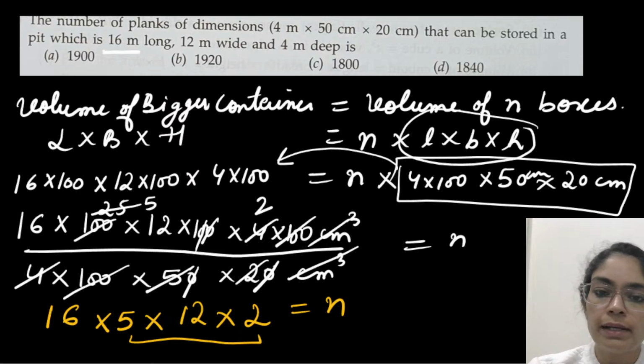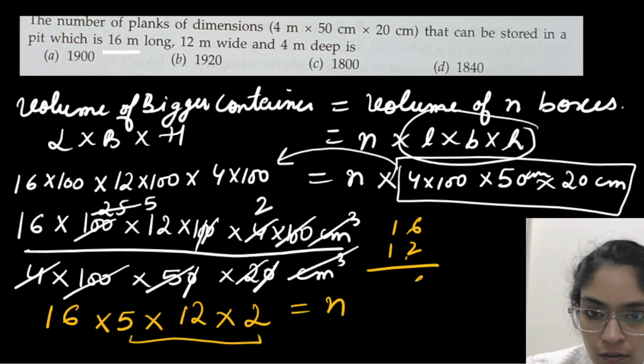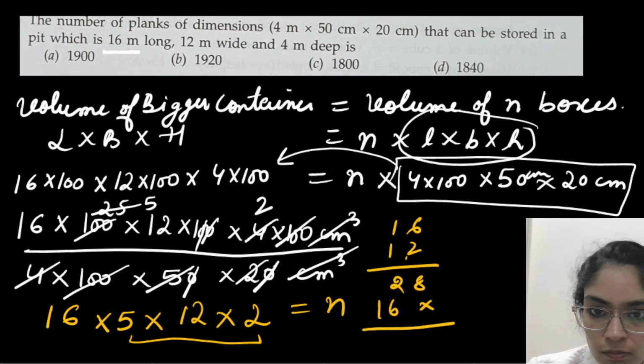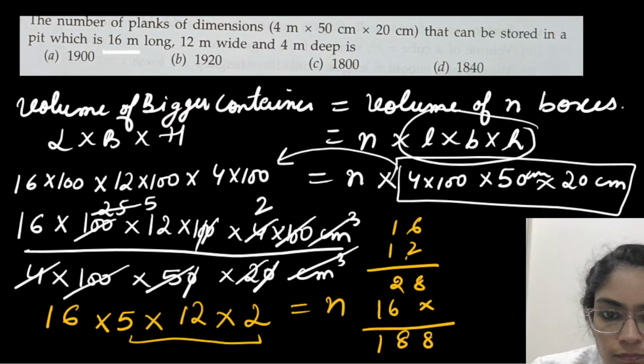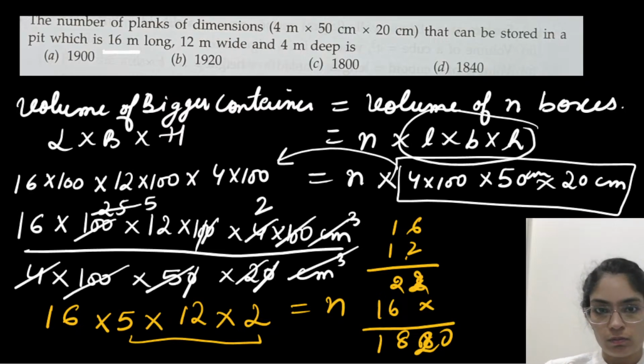So 16 into 12 you can multiply. I think it is 1920.